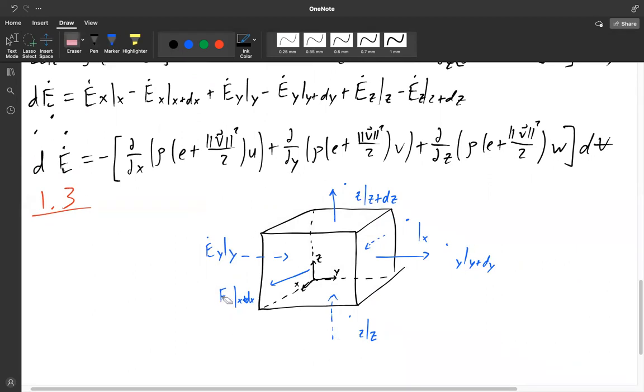And essentially we are finding the heat transfer going in and out of our control volume. Q dot, Q dot.